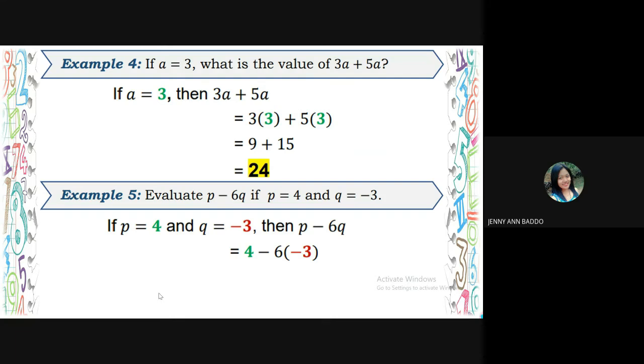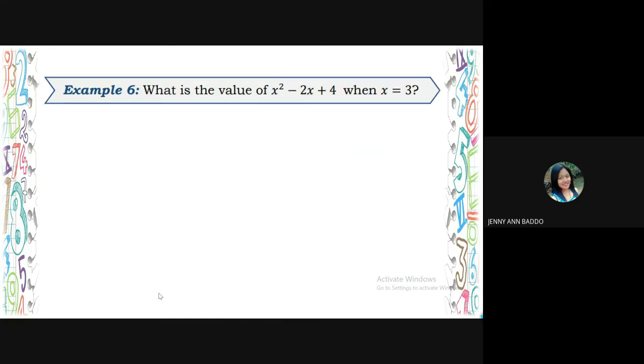Simplifying, 4 minus 6 times negative 3, we have to start first from the product of 6 and negative 3, and that's negative 18. 4 minus negative 18 is the same as 4 plus 18. So we have 22. Take note, minus negative is the same as plus.